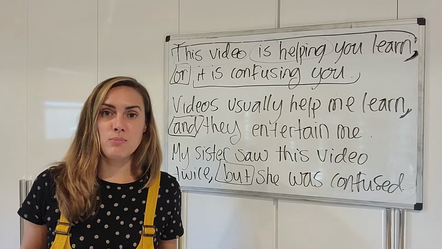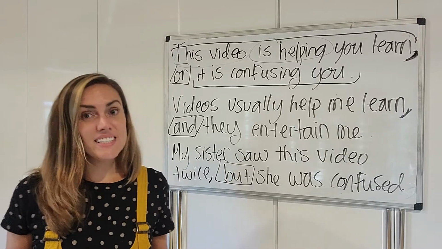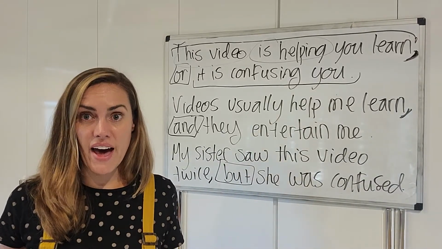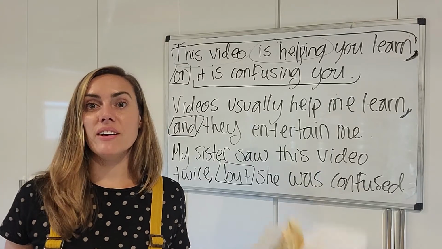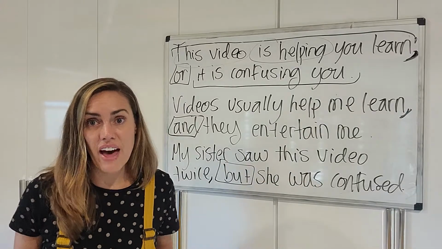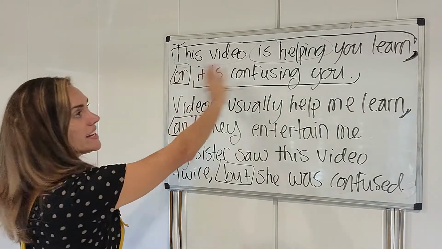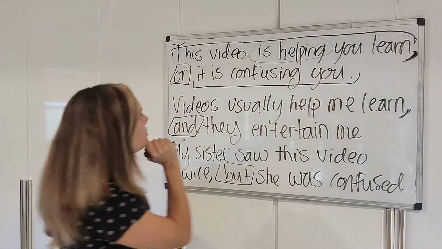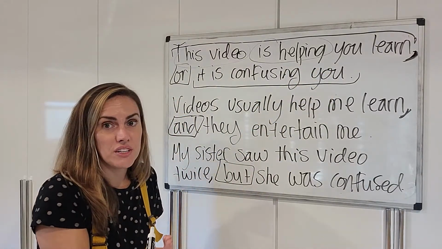But that's not always possible. The point here is that you want to make sure that on both sides of that connecting word, you have a complete sentence. But sometimes, even when you have that, you can reduce it. Like in this example, we can say, this video is helping you learn, or it is confusing you.